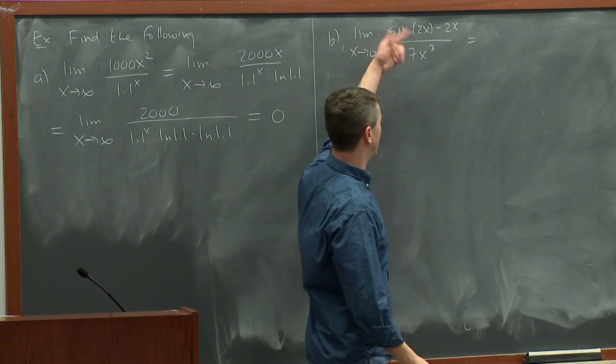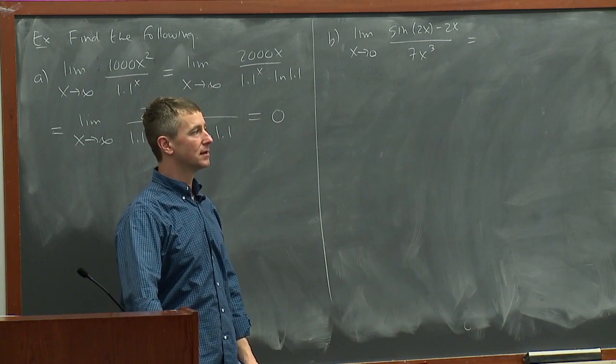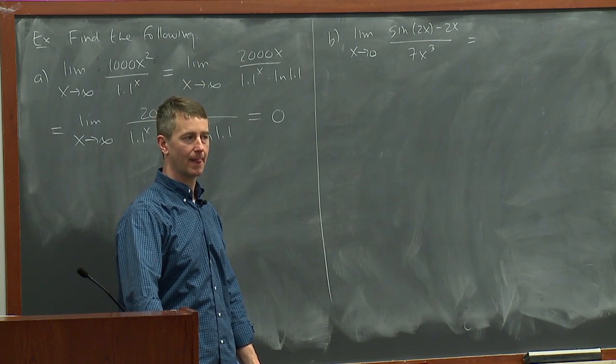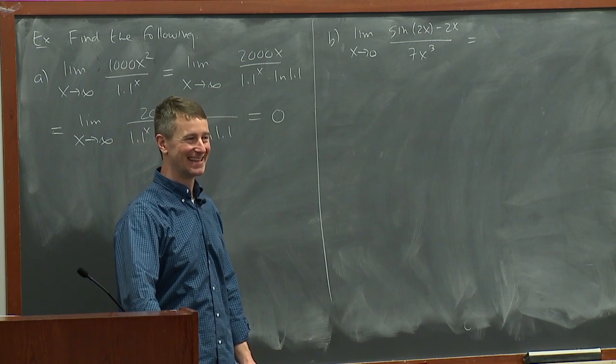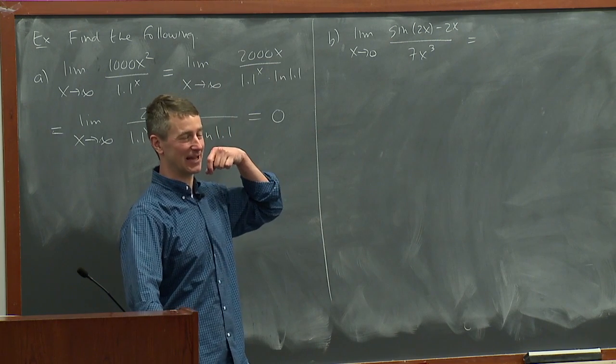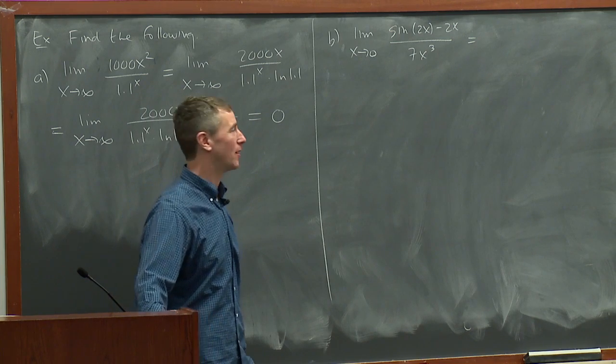So the top is going to 0, the bottom is going to 0. And we know that any number divided by itself is always 1. Is that right? Well, any number except 0 divided by itself is 1. 0 is the only number that divided by itself is not 1.